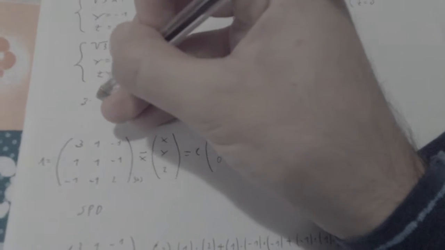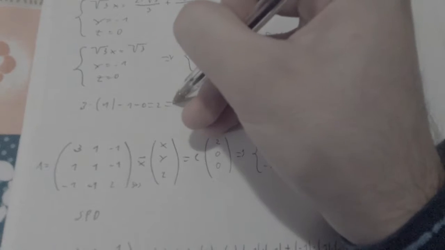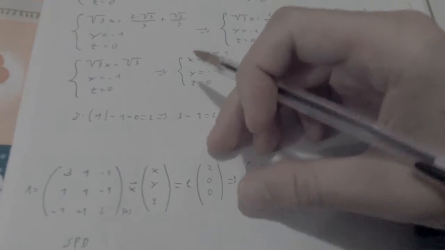Let's try with the first equation. We got 3 times 1 minus 1 minus 0 equal to 2, and therefore we have 3 minus 1 equal to 2, and it's absolutely right that 2 is equal to 2, so we are happy.